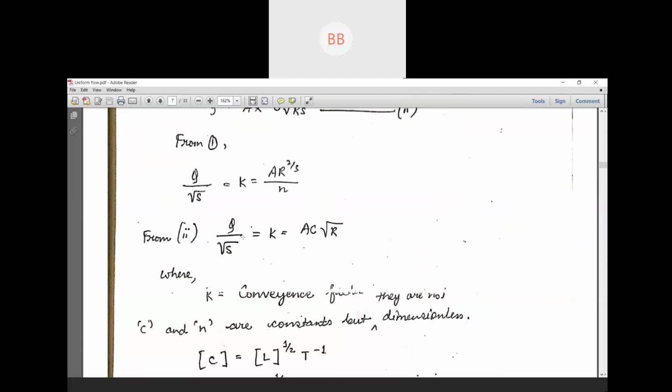So from there you can write this expression, that is K. So Q by root over S is nothing but K, where S is your bed slope.